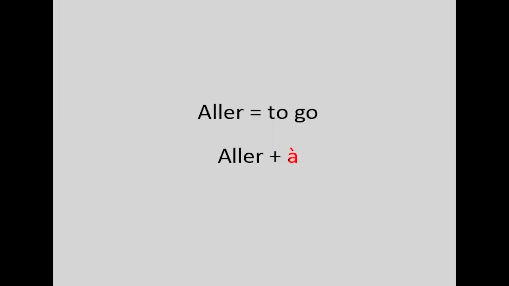In French, there are certain verbs that are always followed by the preposition à. These prepositions naturally contract when the following noun is masculine or plural. Aller is one such verb. Aller means to go. This verb is always followed by the preposition à.